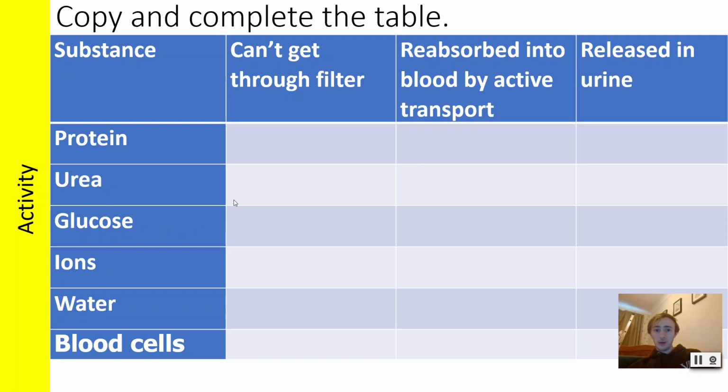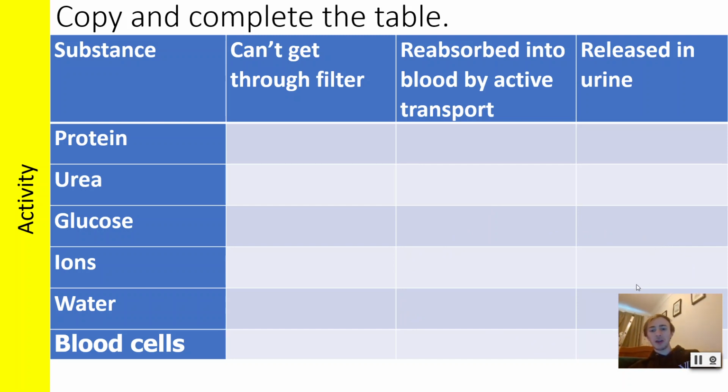Glucose. Glucose is actually reabsorbed. It does go through the filter because it's a tiny little molecule, but it's then immediately reabsorbed by active transport back into the blood again so that we don't lose it. Ions and water are an interesting case. We want some of the water and some of the ions to be released in the urine.